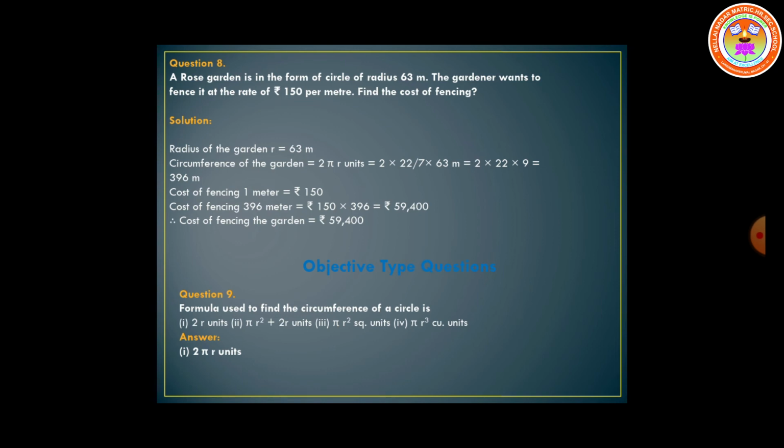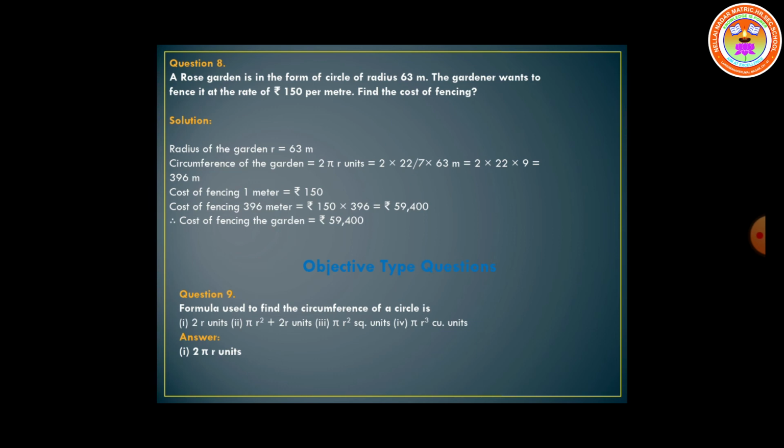Then cost of fencing for 1 meter is equal to rupees 150. Cost of fencing for 396 meter is equal to number of meters multiplied by 150, rupees 150 multiplied by 396 is equal to rupees 59,400. Therefore cost of fencing the garden is equal to rupees 59,400.